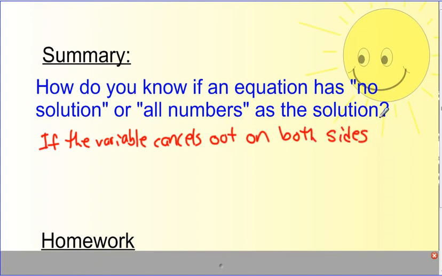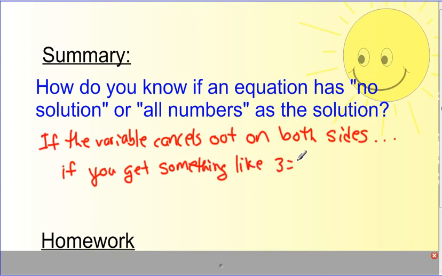on both sides, dot, dot, dot, if you get something like 3 equals 3, that is all real numbers.